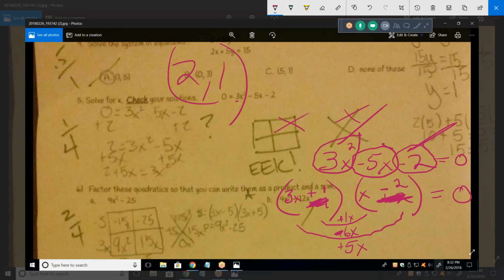Add them together, you will get minus 5x, and we're done. We've got it. The answer is 3x plus 1 times x minus 2. And it wasn't that hard.